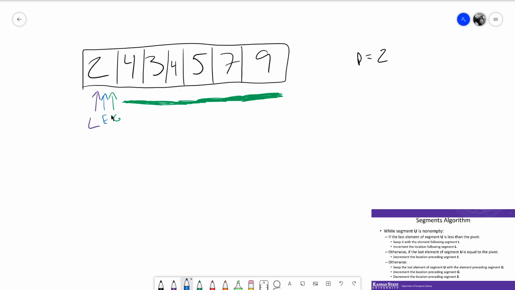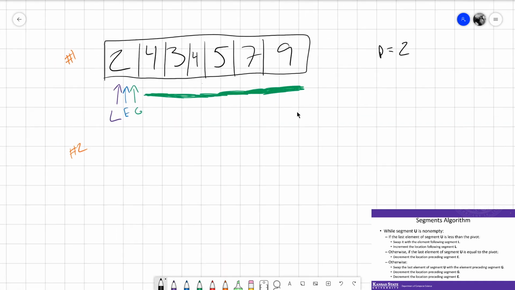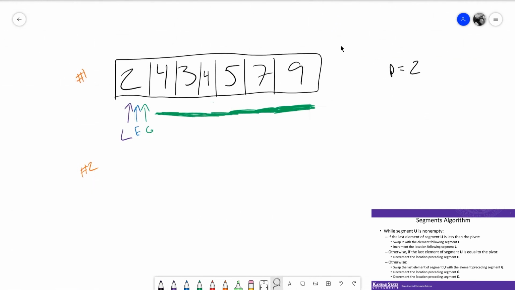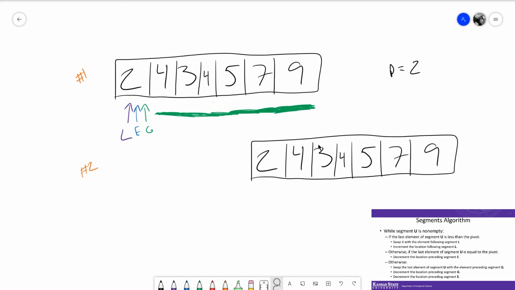Okay. So this was our iteration number 1. So we can then go on to a second one. So let's copy this here.